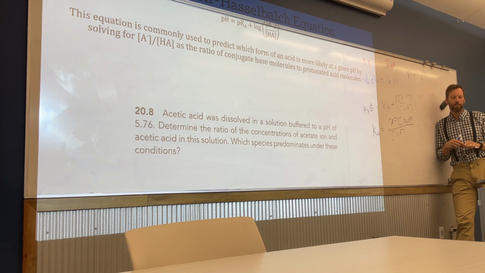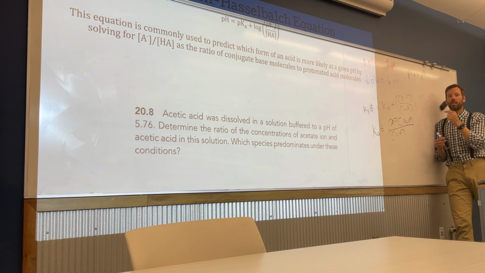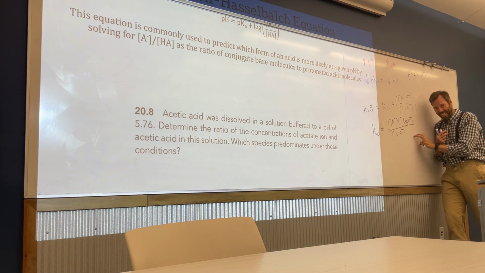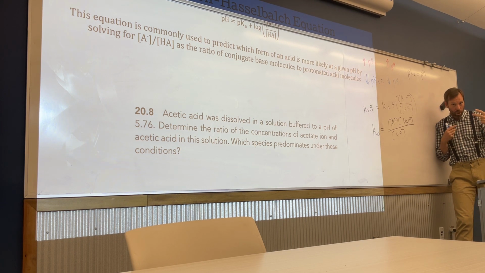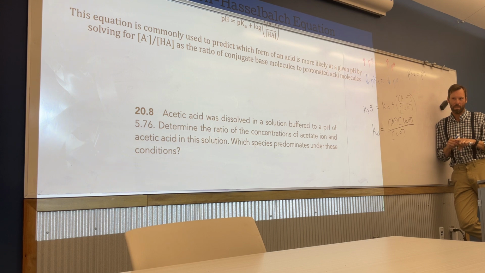Or vice versa. So if the pH of the environment is different from the pKa of the molecule in it, that will change whether or not it's going to be in its protonated form or its deprotonated form.